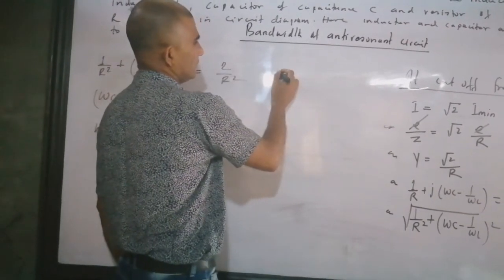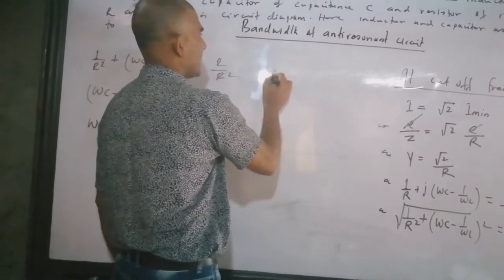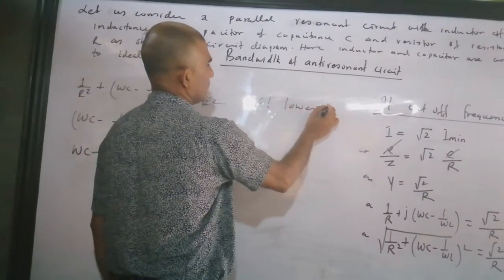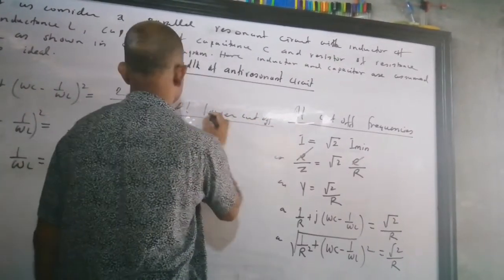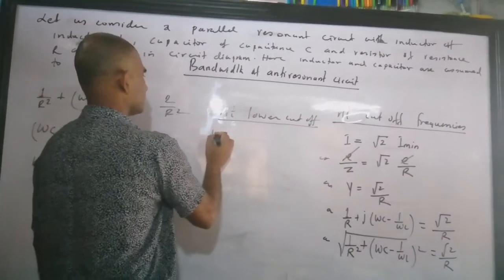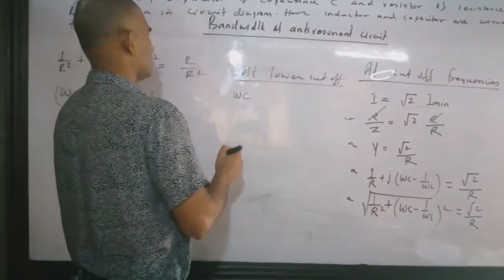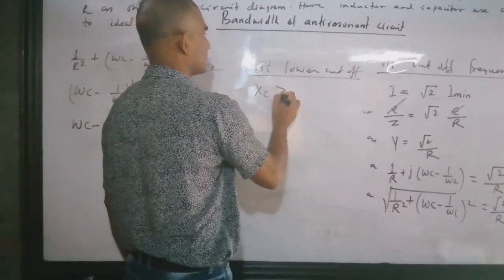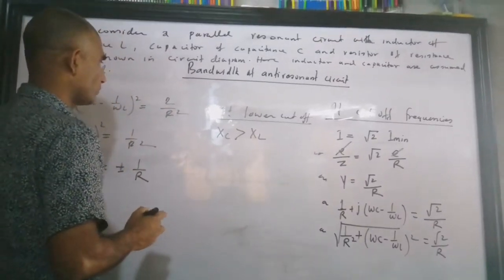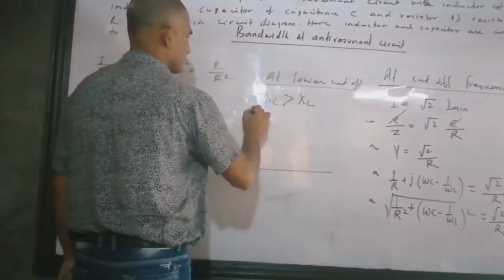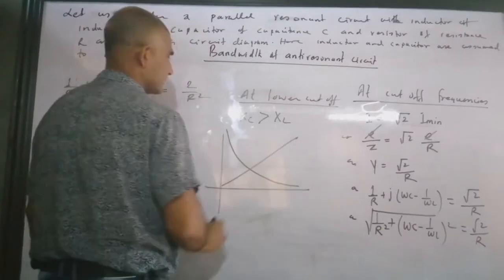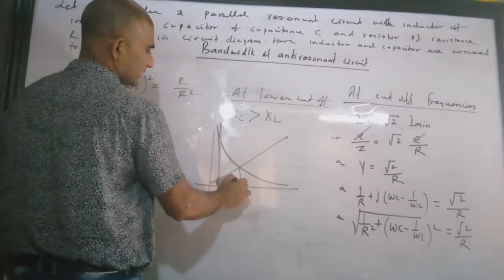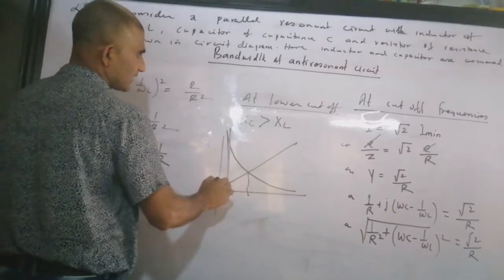At lower cutoff frequency, XC is greater than XL. You know why this happens? We have already learned the graph of XC is like this and XL is like this, and XC is much bigger than the inductive reactance, so before reaching the resonant frequency, XC is always greater.